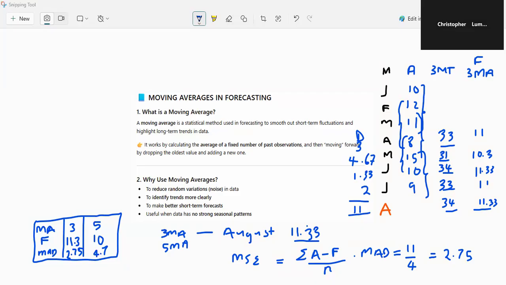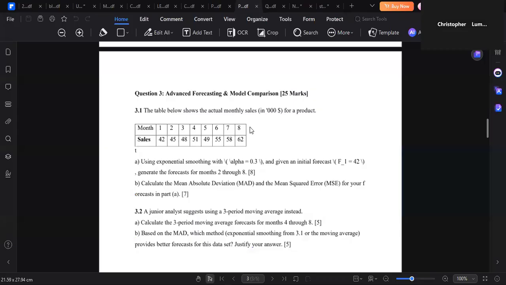I'll send you the question here. So I want you to find the three moving averages and the five moving average for month 9. Find the three moving average and the five moving average for month 9, and you give me the forecast, which is more accurate.